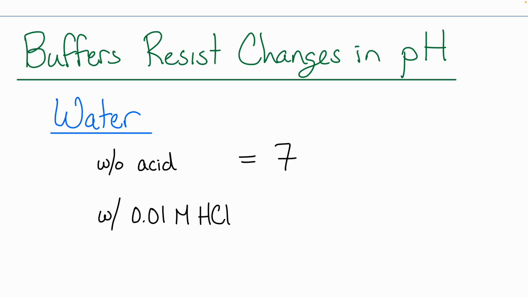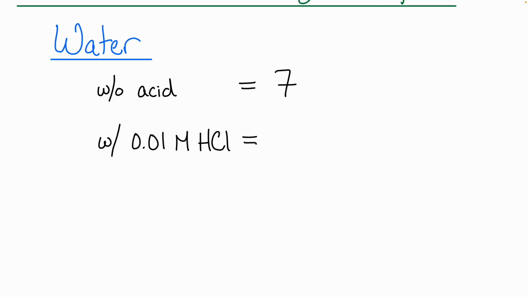All right, what we get? For $1 million, what's the pH of this solution? 2. Okay, great.